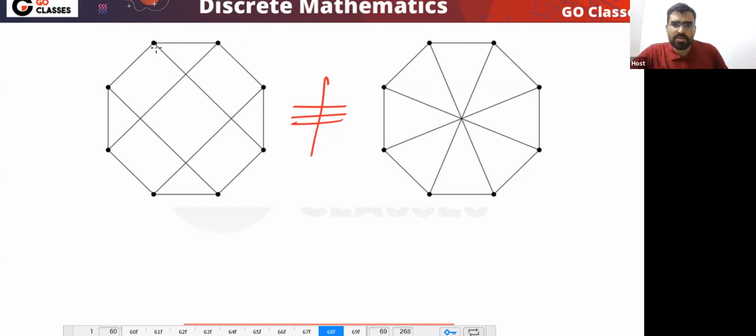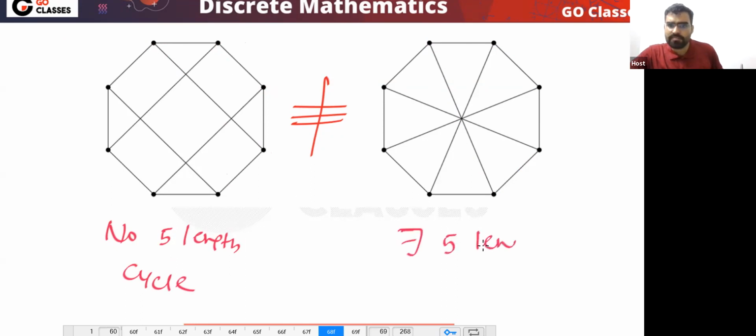In this graph, can you create a five length cycle? I think in this graph, there is no five length cycle, right? Please check this. There is no five length cycle in this graph, and there exists a five length cycle in the other.